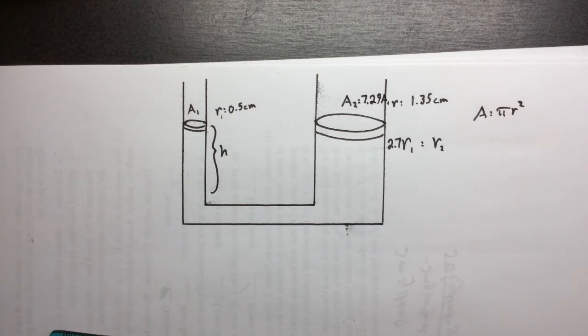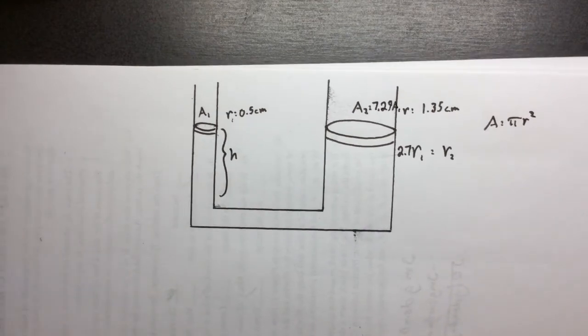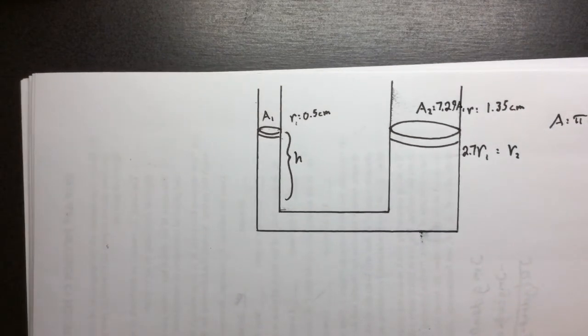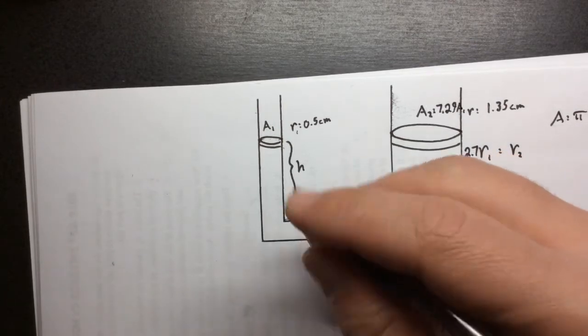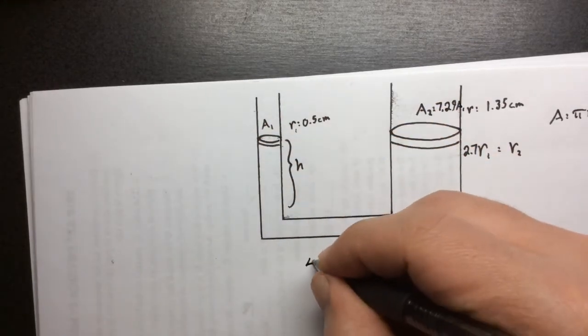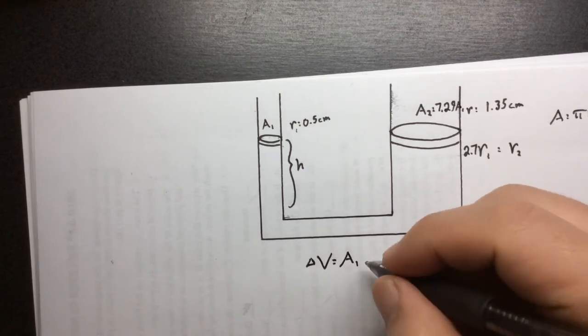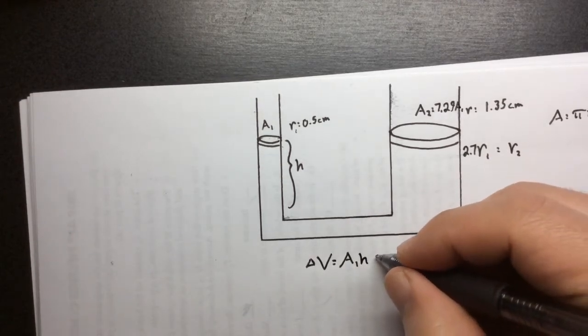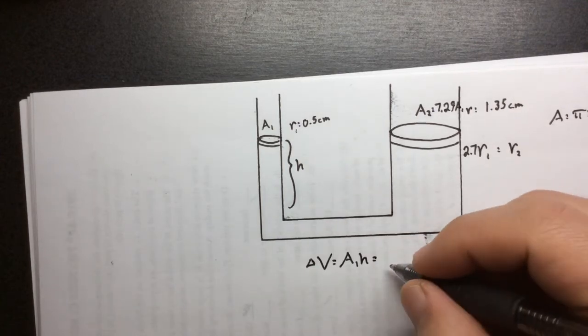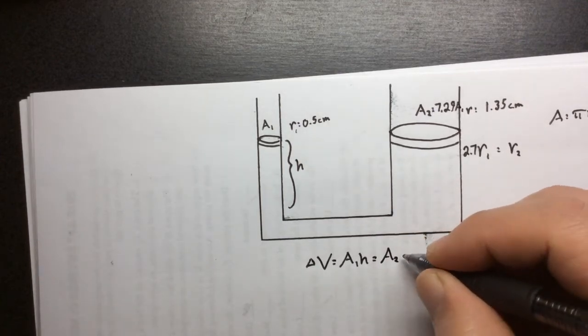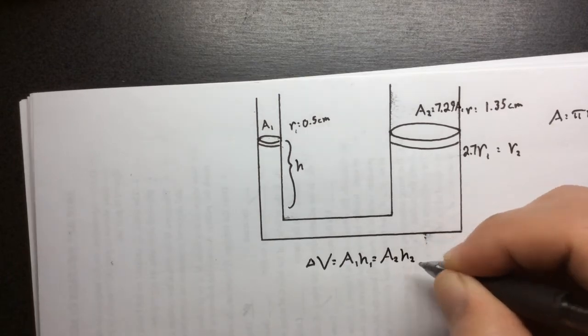Okay, so that's going to be what we're going to use here. Just to look at it, let's consider our pressure and our volumes. So the volume on the left side, if we changed it by this amount, my change in volume on the left side is equal to the area 1 times that height. And that should equal the change in volume on the right side, which would be equal to area 2 times its respective height, h2.